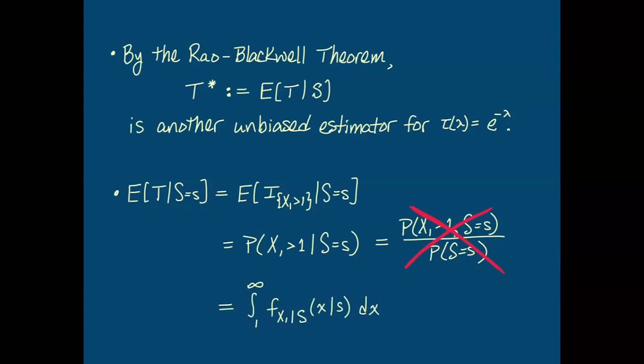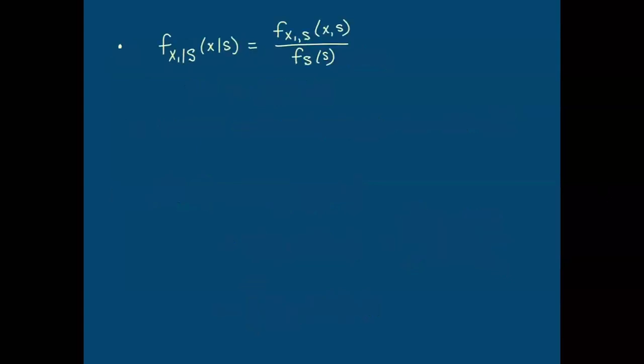Let's find the PDF. By definition, this conditional PDF is the joint PDF for x1 and S divided by the marginal PDF for S. Note, however, that we can write the conditional PDF for S given x1 as the joint PDF for x1 and S divided by the marginal PDF for x1.